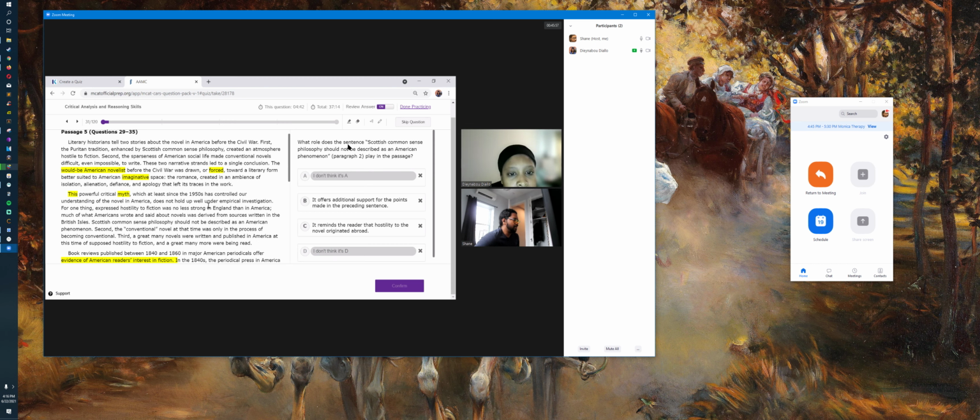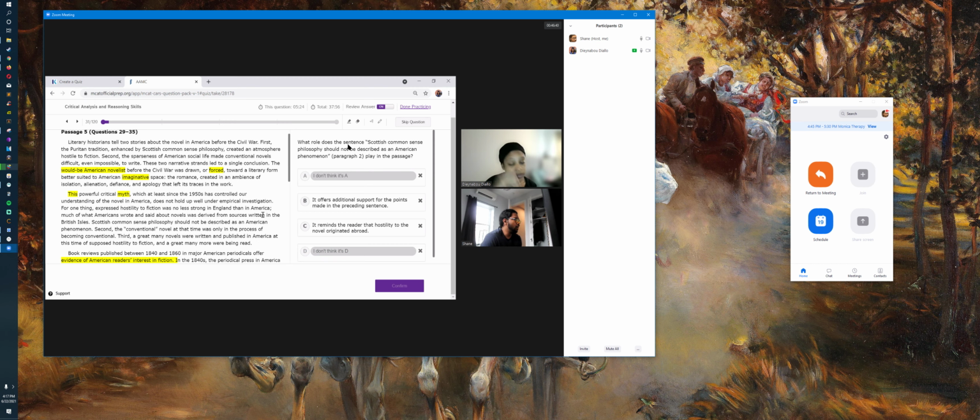What I get from that is that both America and England had some type of expressed hostility to fiction. I guess if I would have read that sentence, because I think I heard you say it but I didn't really process it, expressed hostility to fiction was no less strong in England than in America, then I wouldn't have put "originate." And I guess for C, he didn't say that it originated abroad.